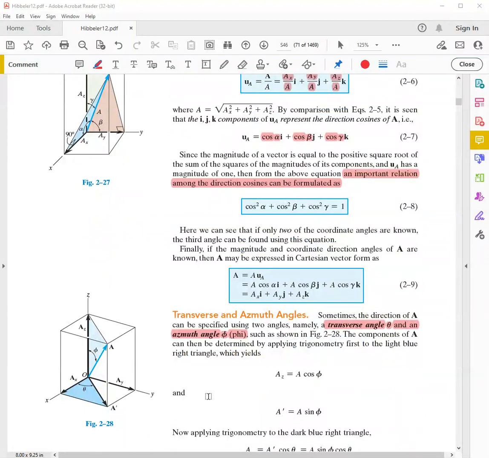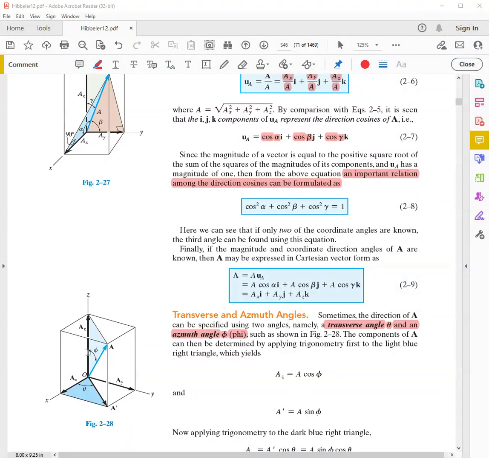There's another way in which you can express the orientation of a vector in 3D space using x, y, z coordinates. That is by using the transverse angle and the azimuth angle, phi and theta respectively.